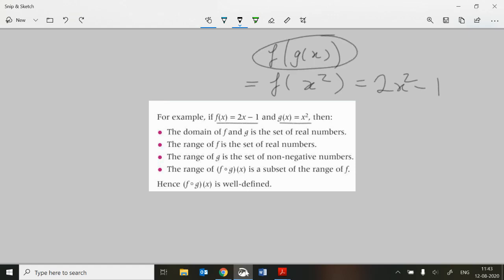Question is, what is the domain of f of g of x? Well, x is allowed to be anything we want to start off with. And then from g of x, we're getting out positive answers. So in other words, the range of g is the set of non-negative numbers, so including 0.